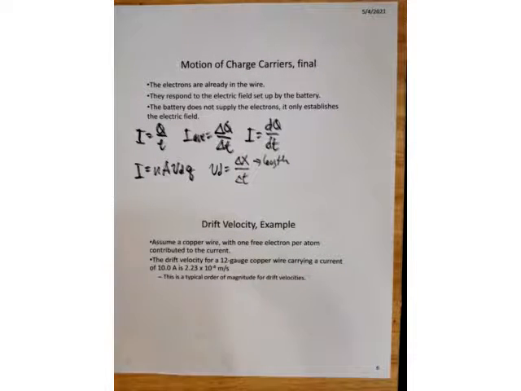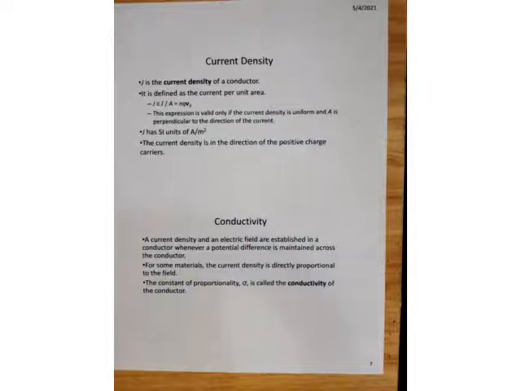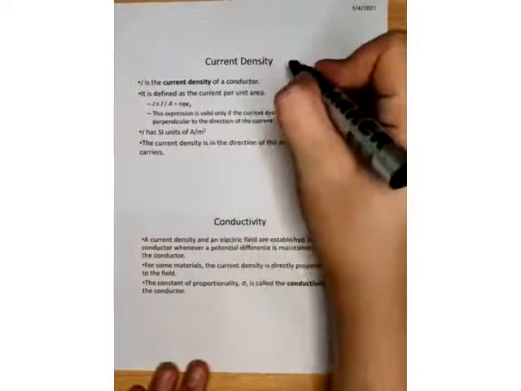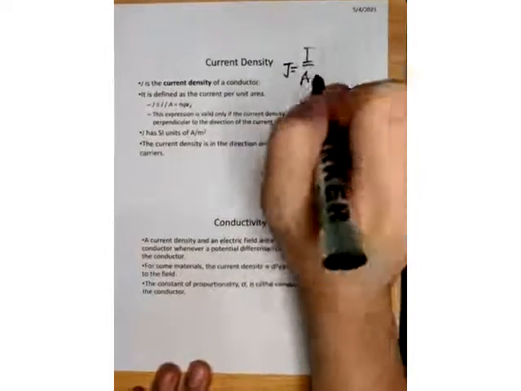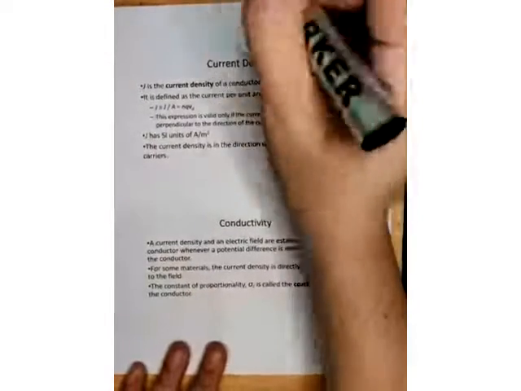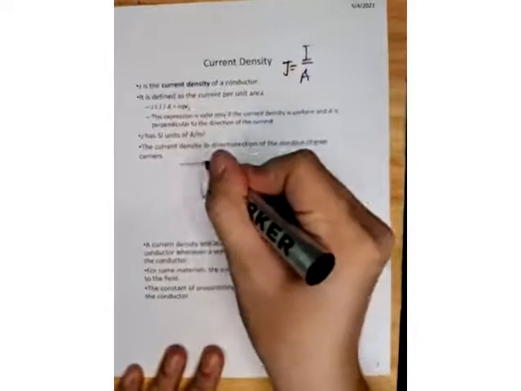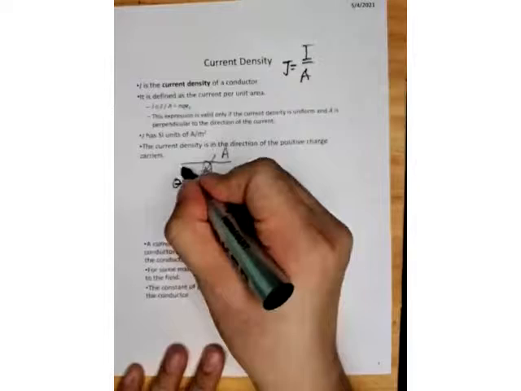Okay, now let's go to current density. So yung current density naman, ang symbol niya ay J. Hindi ko alam bakit J. Ang current density natin na J ay equal siya dun sa current over area. So yung area na yan, ay dyan yung dumadaan yung current natin. Kung meron tayong wire, and then yung cross-sectional area ng wire, and then charges are moving in this direction.